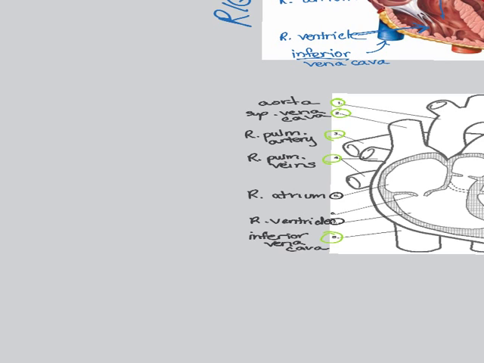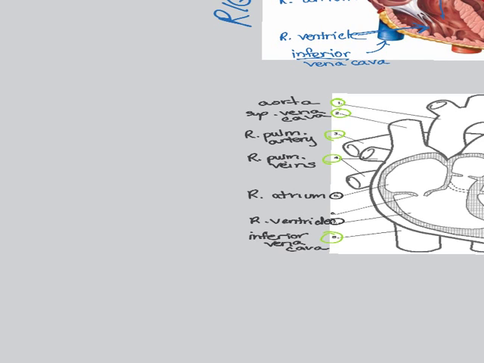Now we need to spend some time talking about the ones that we didn't circle in the first place. Namely, these little flaps all in here. And what those are valves. Valves are going to be responsible for making sure that blood has a one-way flow. Blood flows this way, the valves are open. Blood tries to go this way, it closes the valves so that they're not able to go through in the opposite direction.